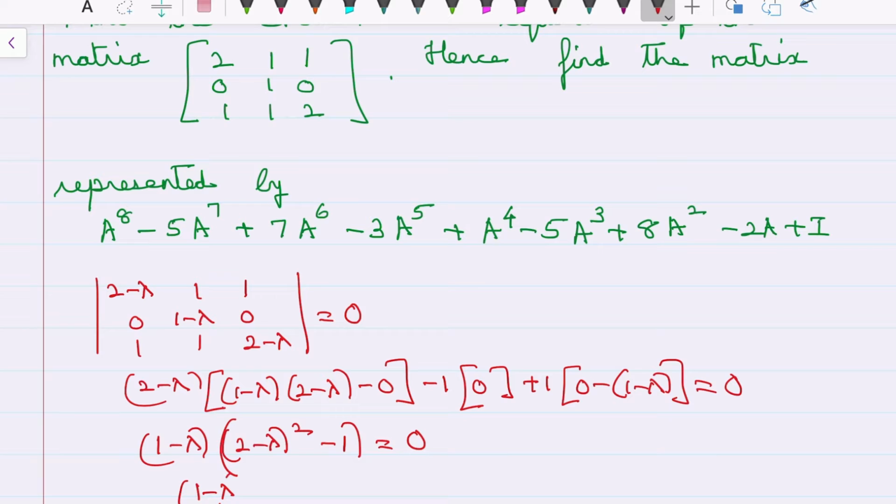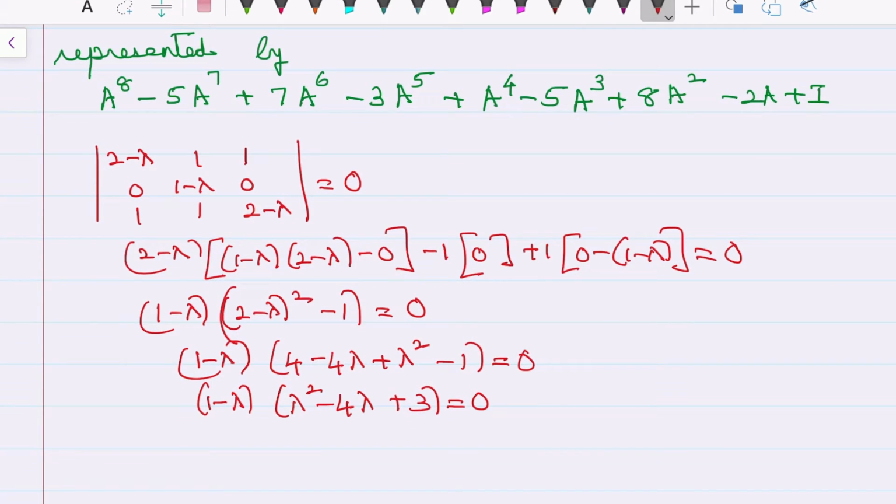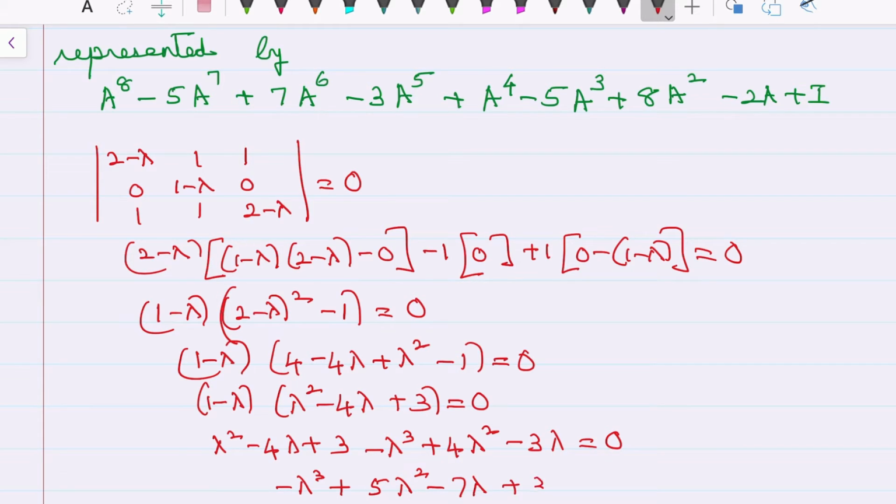Or (1 minus lambda), if I expand, I get 4 minus 4 lambda plus lambda squared minus 1 equal to 0. And simplifying further, you get (1 minus lambda) into (lambda squared minus 4 lambda plus 3) equal to 0. If we multiply, we get lambda squared minus 4 lambda plus 3 minus lambda cubed plus 4 lambda squared minus 3 lambda equal to 0, which will give you minus lambda cubed plus 5 lambda squared minus 7 lambda plus 3 equal to 0.